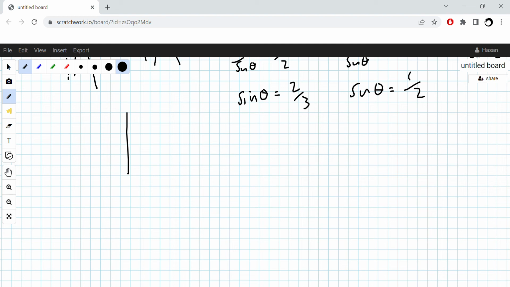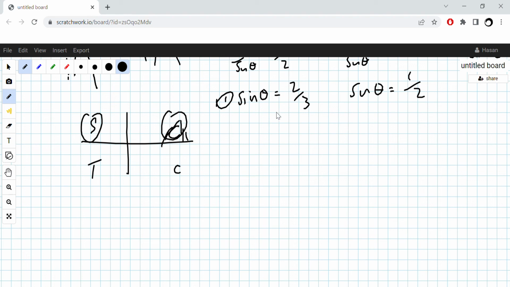CAST diagram. Let's solve this one first. Sine theta equals 2/3. 2/3 is positive. That's an A. It's positive, so it must lie in either this one or this one. Because it's sine, it can only be positive in the sine section or the all section.